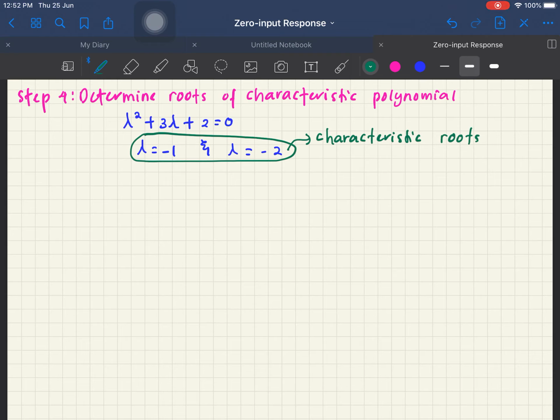The next step, step 5, is to replace the roots back into the equation.